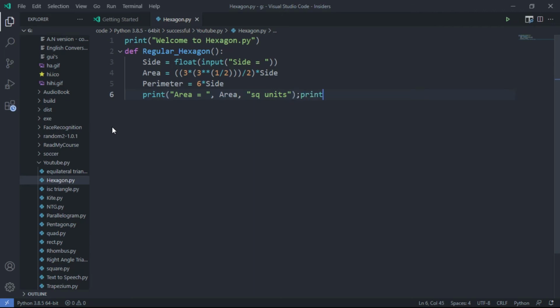So print perimeter equals the variable perimeter, which is measured in units.